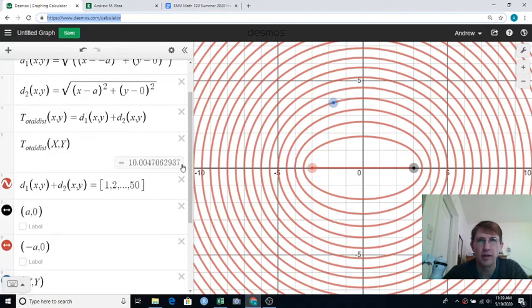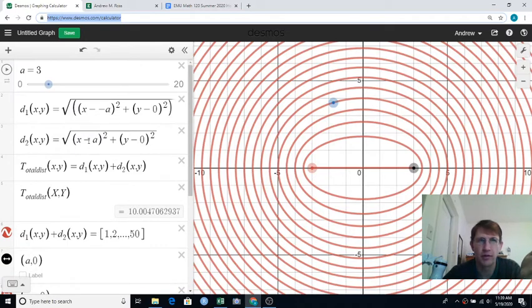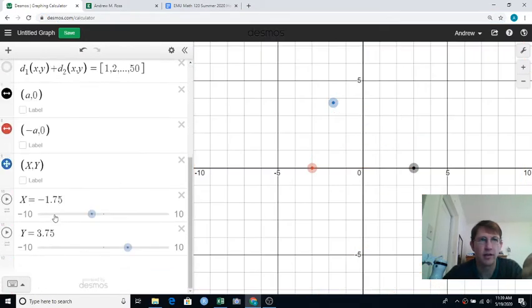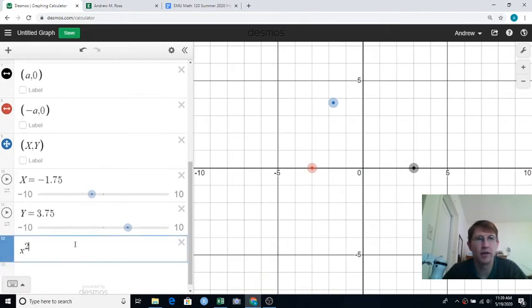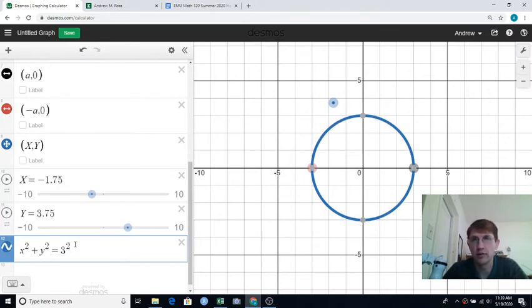Now you might be thinking, you've seen a formula for an ellipse before, and it doesn't look like this big old square root plus that big old square root equals some constant. Let's turn this off for a sec and go add a new formula. Well, you might remember x squared plus y squared equals 1. That's the unit circle, or equals like 3 squared, that's a circle with radius 3. So that's a circle. How about an ellipse?